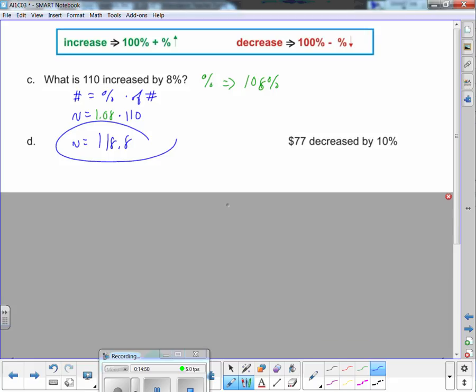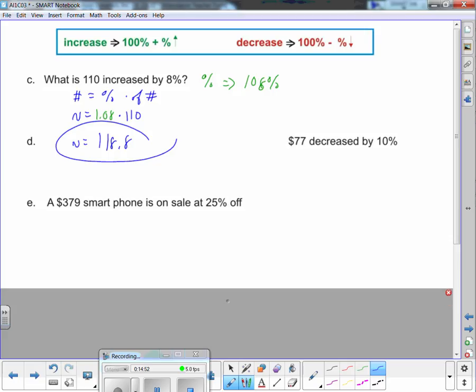Okay, so the second example here, D. Now you've got money: $77 decreased by 10%. So again, in this one, decreased, our percent is going to be 100% minus 10%. So this is going to be 90% for our percent, if we want to do it in one step.